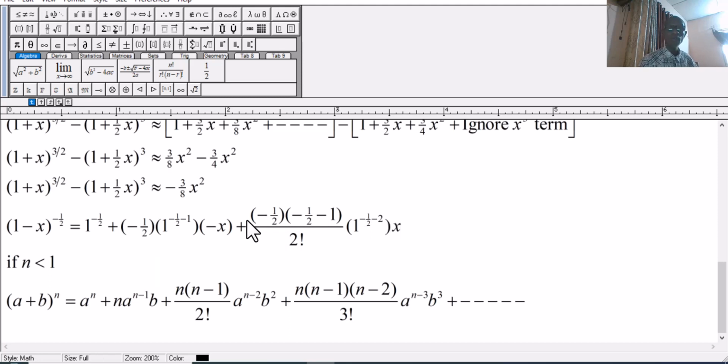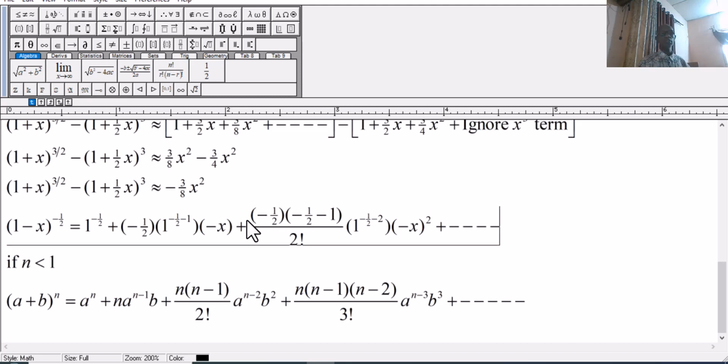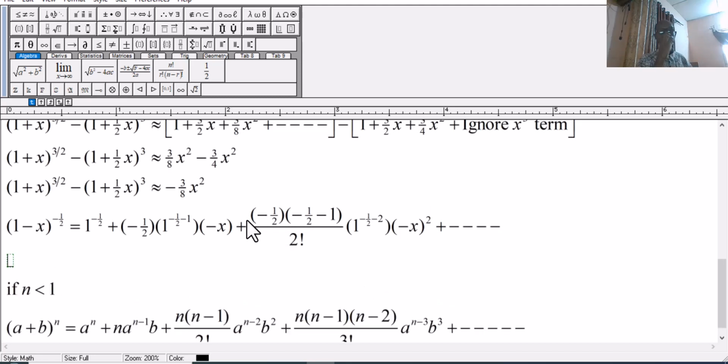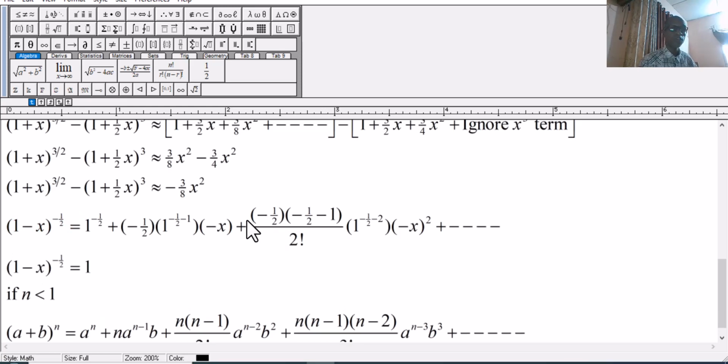Then we have minus x all squared. So ignore the other terms, x cubed and the rest like that. So we are working now. So if you expand, that will give us 1. This will give us 1 over 2x.